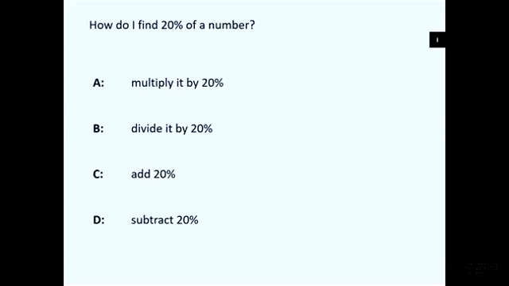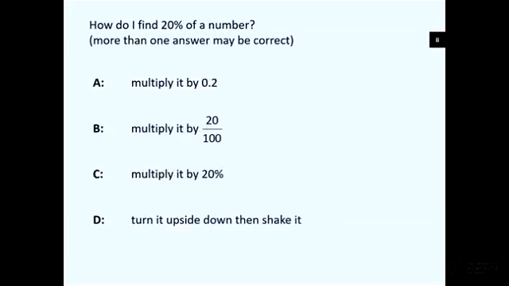That's A. When you find a percent of something, "of" is like a times. I'm going to go to the calculator and find 20% of something. Yeah, it's times. Now, just to check this, 20%. We know it's multiply. Which of them is right? Multiply it by 0.2, 20 on 100, 20%, or more than one of them?